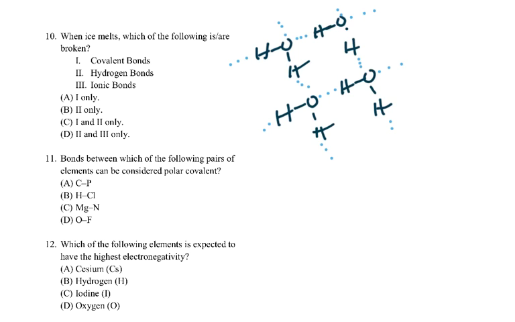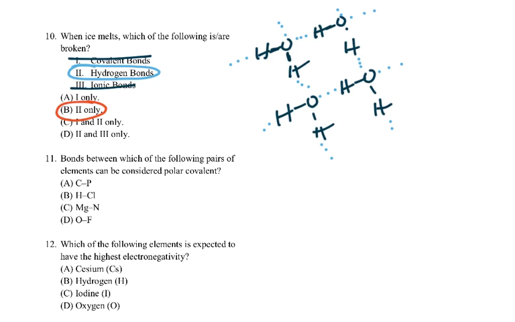Those little dotted lines are what get broken, and those are hydrogen bonds. The covalent bonds, this black area between the atoms, are not being broken. Those water molecules are going to stay, and certainly there are no ionic bonds. So the answer here is 2 only, answer B.